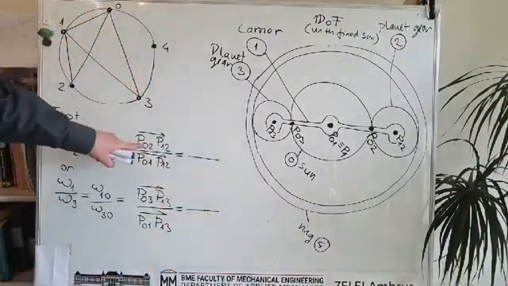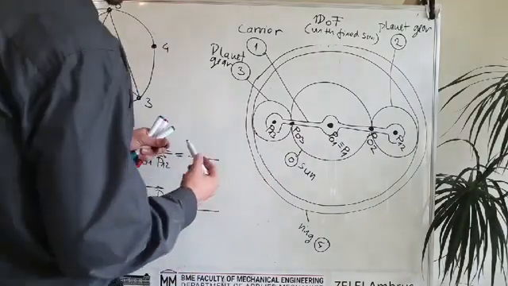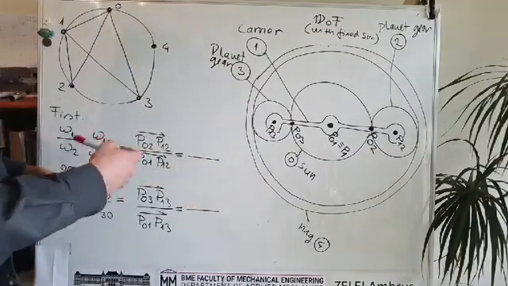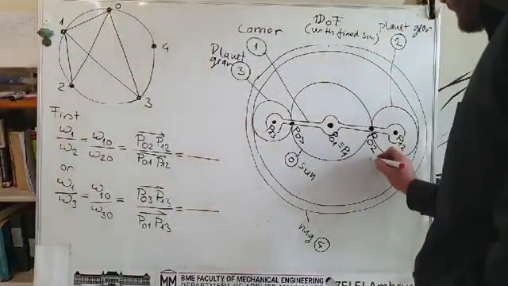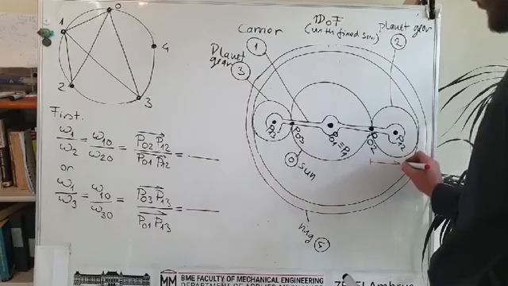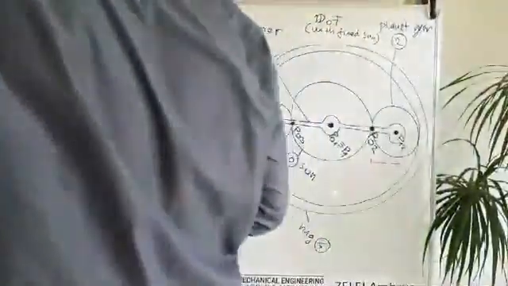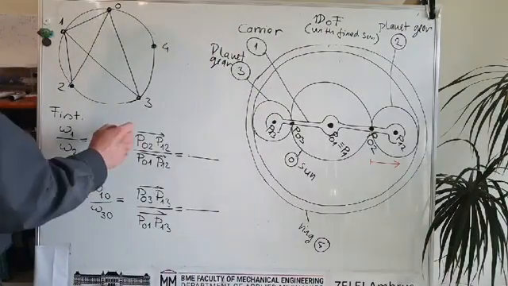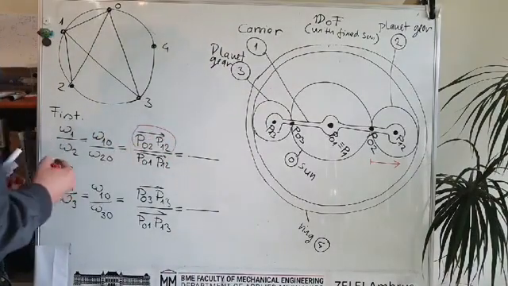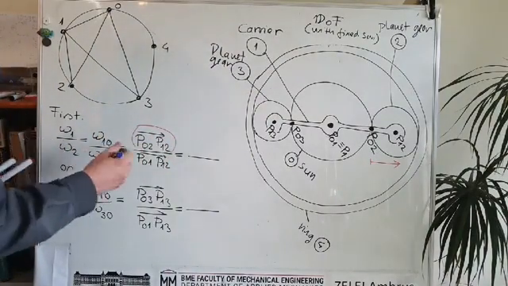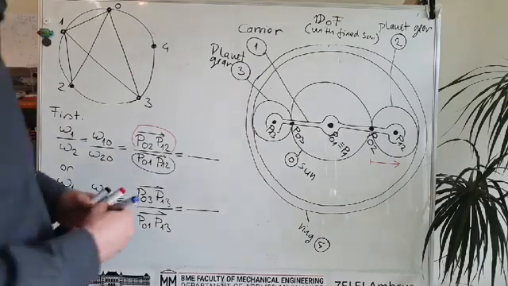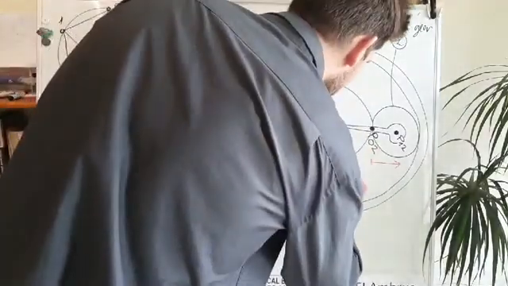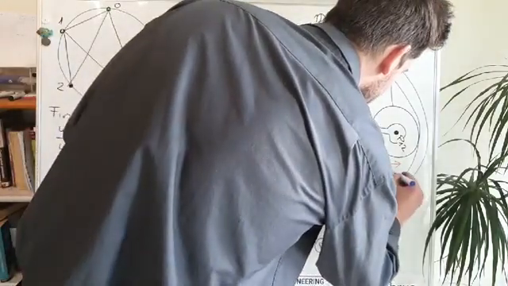So the distance from P02 to P12 is here. I will use colors for easier notation, and this blue one, the distance from P01 to P12 is this distance.